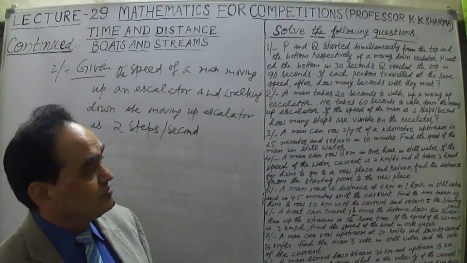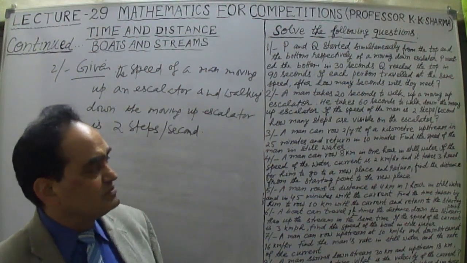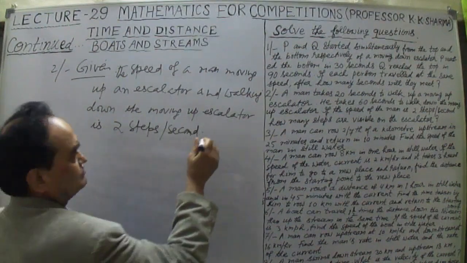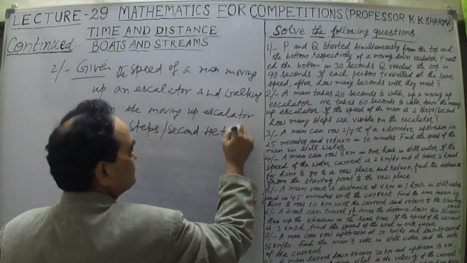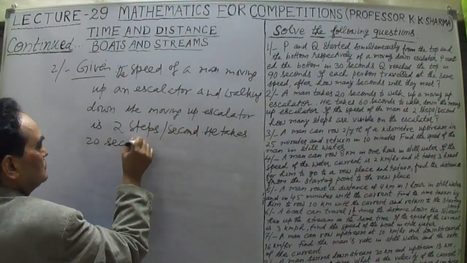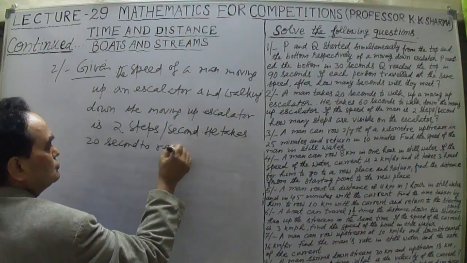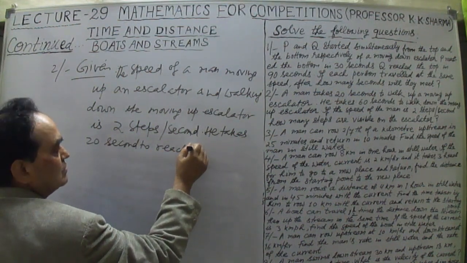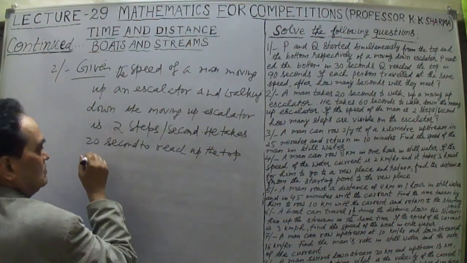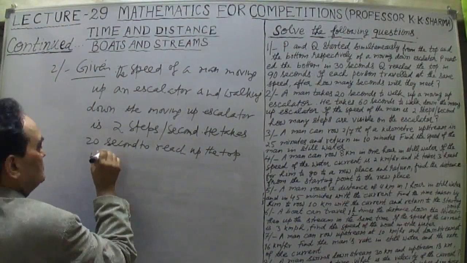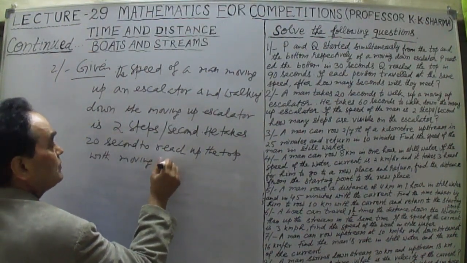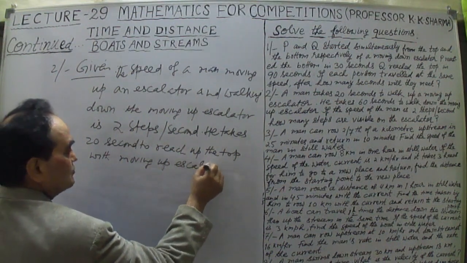Now if the speed of the man is 2 steps per second, how many steps are visible on this? So we have to find out. Time is also given. He takes 20 seconds to reach the top with the moving up escalator. This is a very important point.